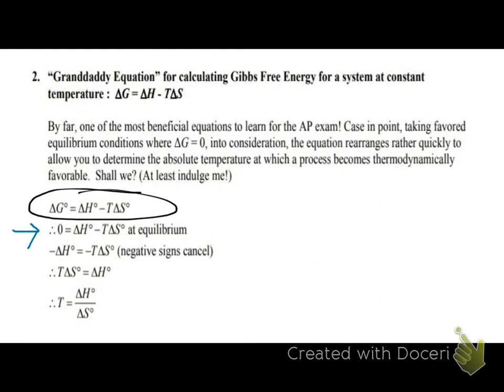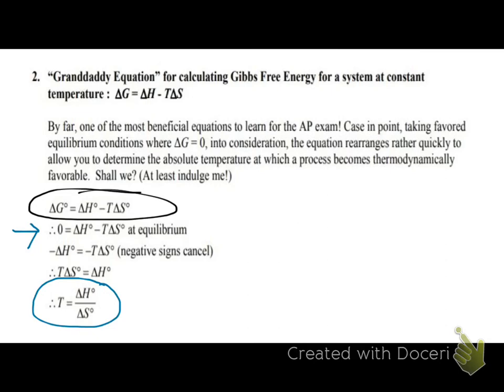Then you can do your algebra, and ultimately you can use this equation right here, which will come in handy. So if you want to solve for what temperature it becomes thermodynamically favored at, you do delta H over delta S. So highlight that, put a star by it, make a note saying that's important, because a lot of kids forget that, and that likes to show up on AP questions.